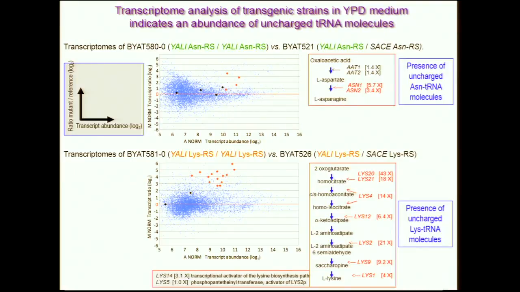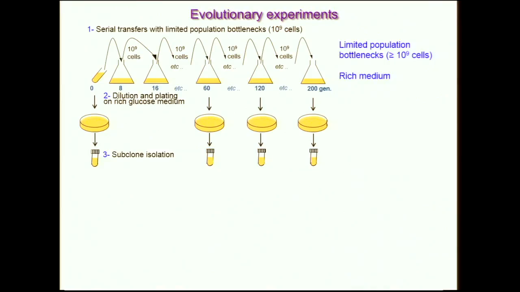On rich medium, these genes should be turned off because the yeast does not synthesize amino acids on rich medium. But in this particular construct, they are turned on very significantly, which indicates, by the GCN2, GCN4 pathway, that there is a lack of charged tRNA.